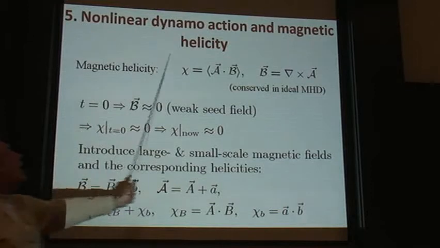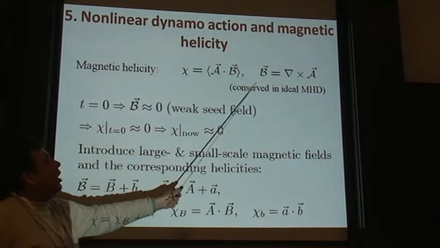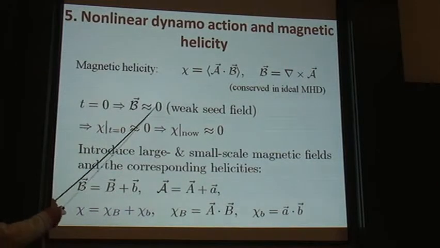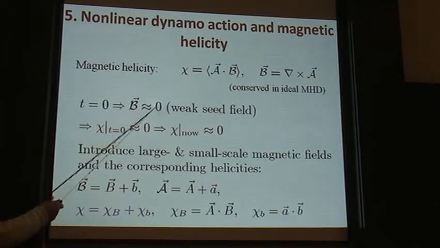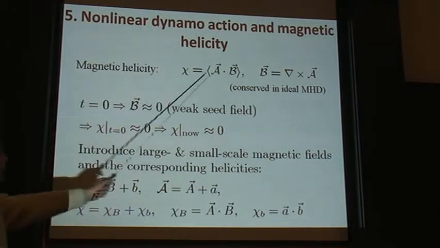This is a quantity which is conserved in ideal MHD, at high Reynolds numbers. So if helicity was zero at t equal to zero, it must remain zero now, because it's an integral of motion, and Rm is indeed very high.